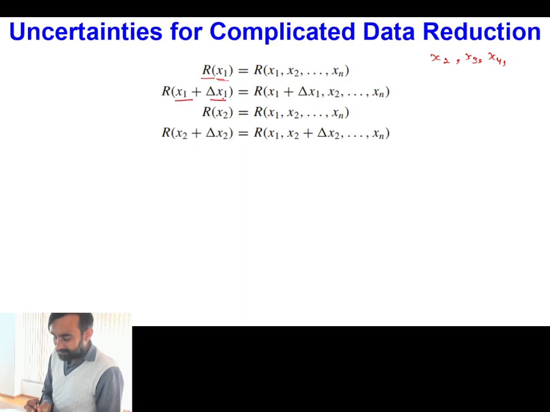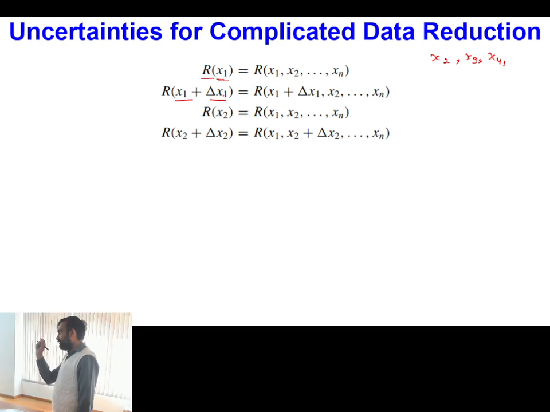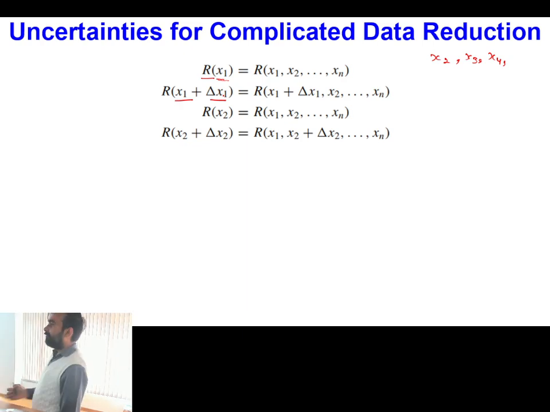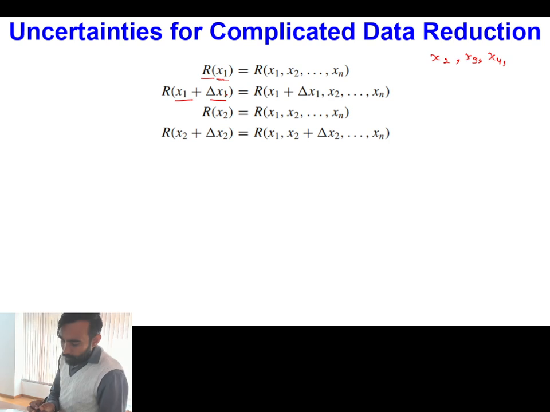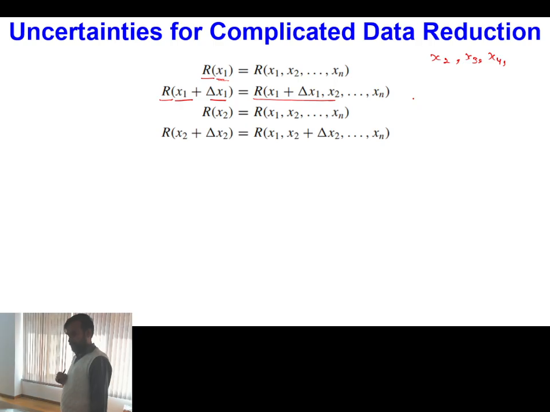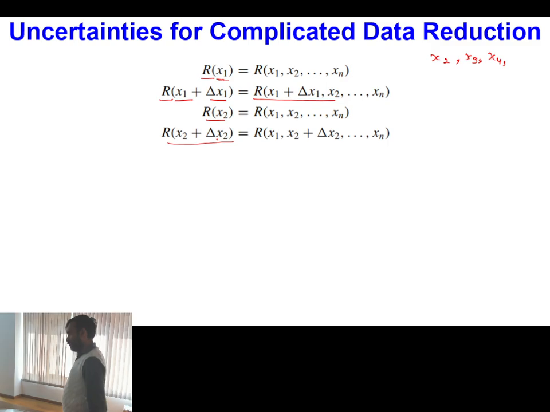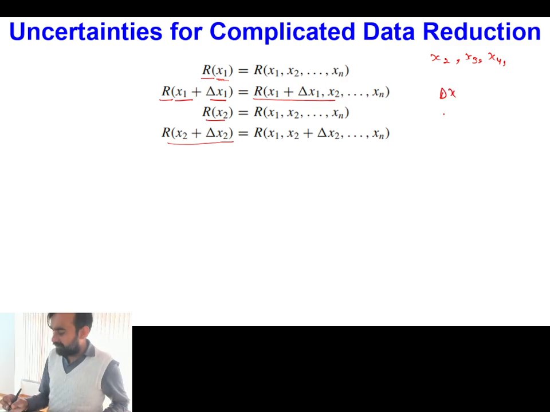Likewise, if I slightly give a deviation or perturbation in the value of x1, I have given a small perturbation in the primary variable x1. Now, upon the perturbation, what will be the change in the resultant quantity? That is given by r of x1 plus delta x1, comma x2, so on up to xn. Likewise I do for x2, r of x2 and then r of x2 plus delta x2.